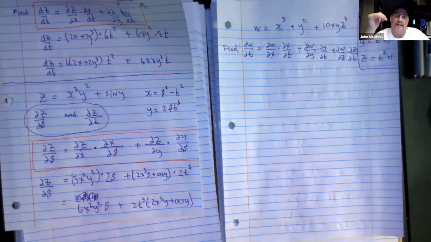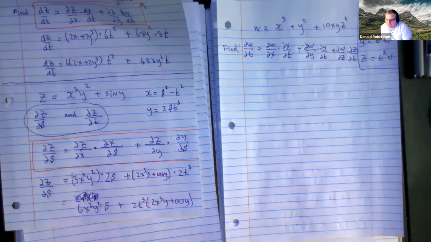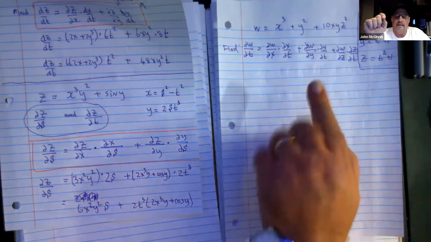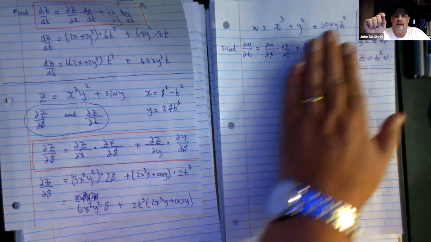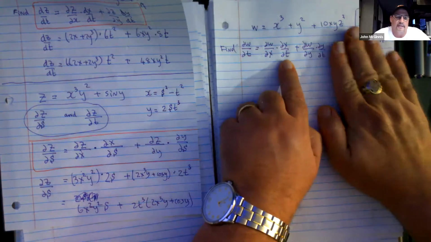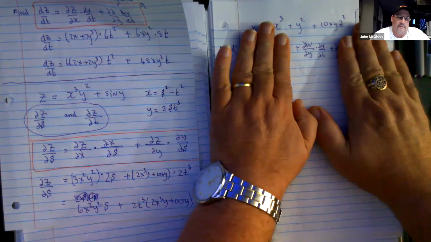When you say find dw by dt, that triggers us to go, okay, we need to find dw with respect to x and dx with respect to t, and then the other ones.